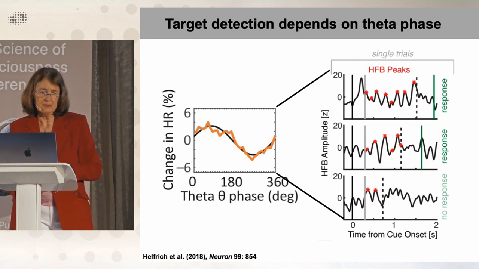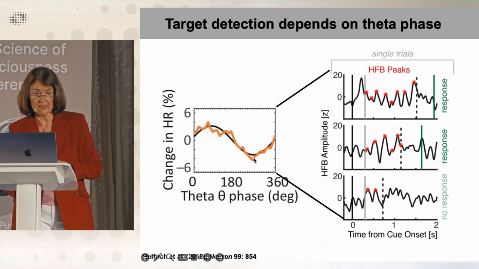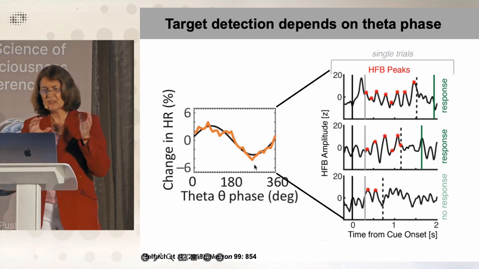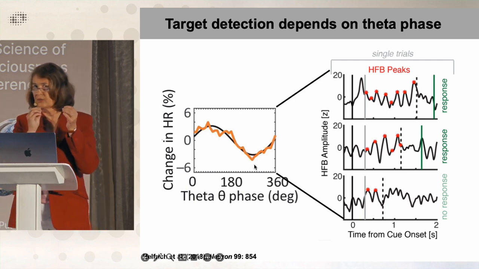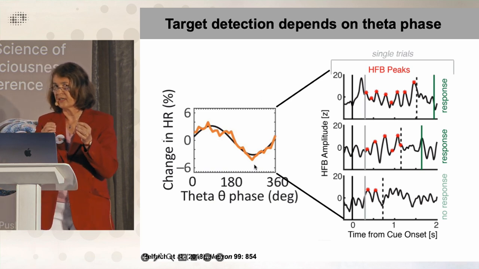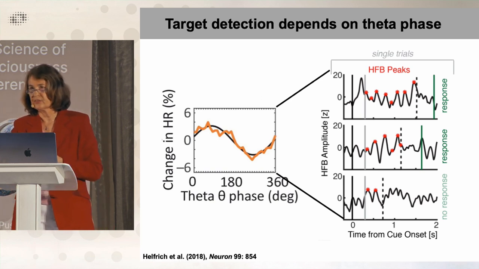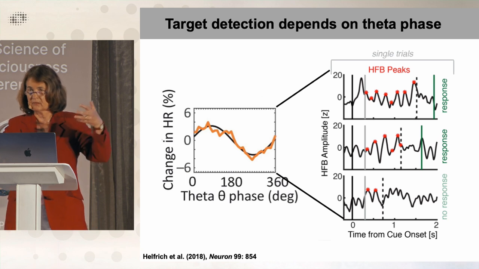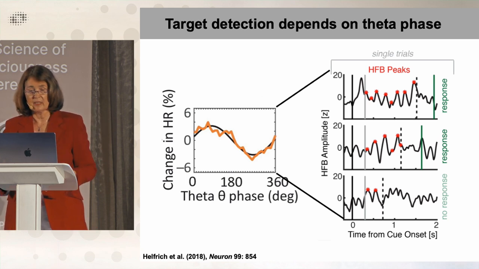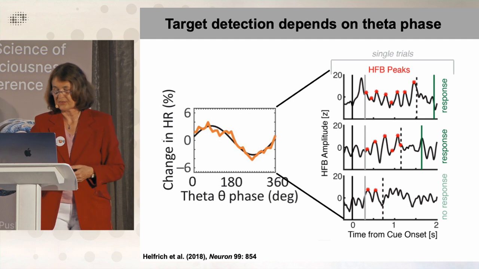And you see clearly that there is one phase, this one over here, where performance is much, much better than at the opposite phase. So now you can basically use this signal, the theta phase, to make a direct prediction about behavioral outcome. And now you can link behavior and neural signals in really elegant ways.